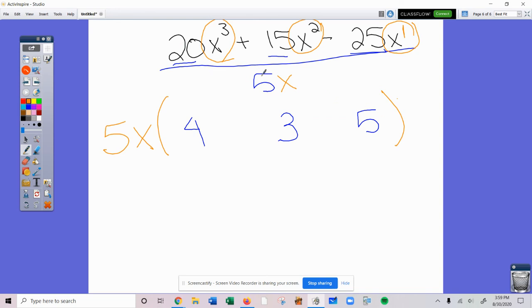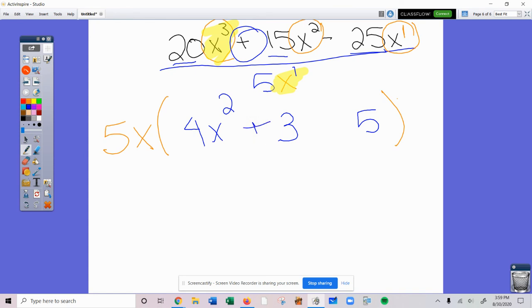So we said 20 divided by 5 was 4, but now let's take a look at those exponents. So now let's take a look at x to the third divided by x, right? And when we divide, we subtract exponents. Okay, so we're taking a 3 minus a 1, which gives us a 2.